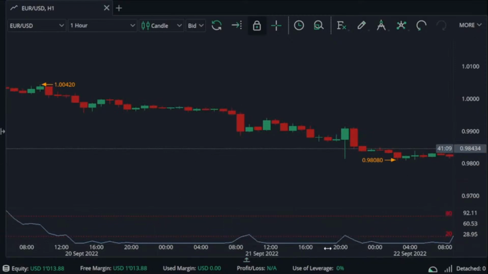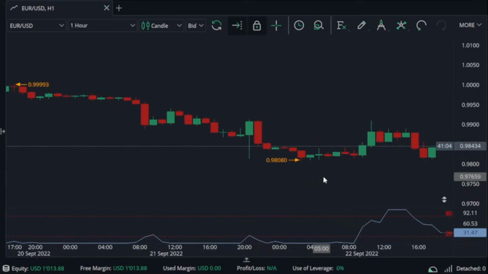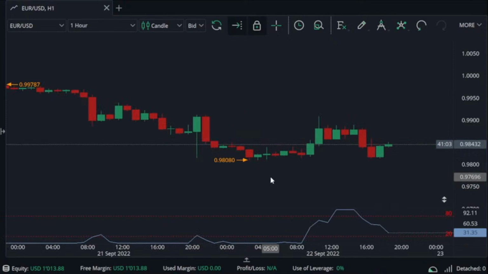So it will help us avoid too many entries against the trend, and only when we have a substantial price move will we have these signals generated. So that is one advantage of this indicator, as it helps us avoid the noise and find more reliable trade signals.